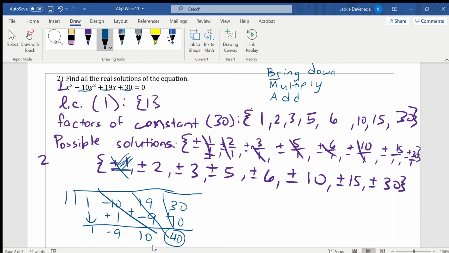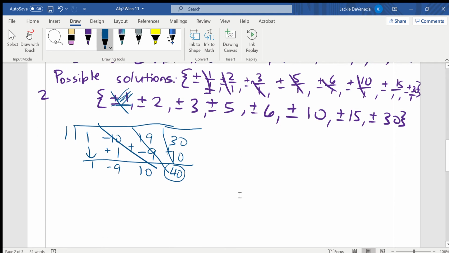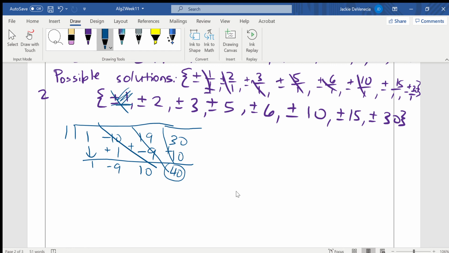Remember, we're doing synthetic division, and we need to look for the remainder 0. Okay, cool. So now let's try 2. Let's see if 2 works. We have a 1, a negative 10, a 19, and a 30.